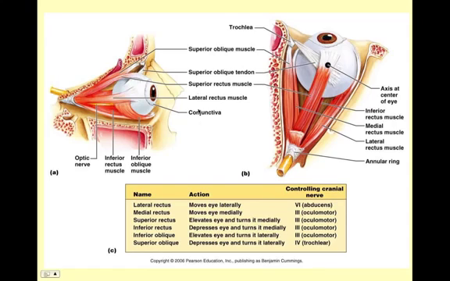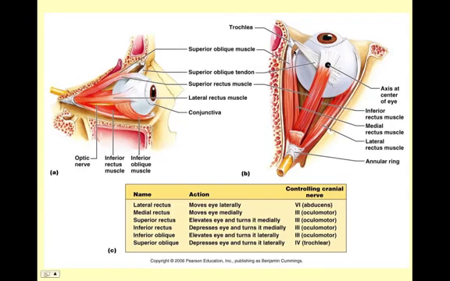And because this is an abductor muscle, it is fittingly innervated by the abducens nerve. So the abducens nerve's primary responsibility is innervating the lateral rectus, which is what helps your right eye look to the right and your left eye look to the left.